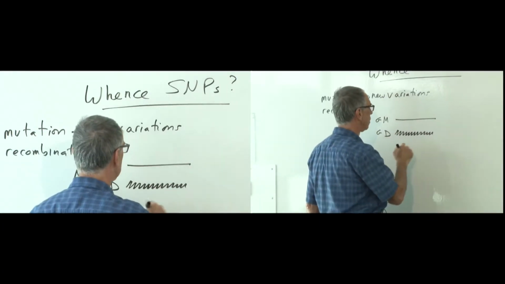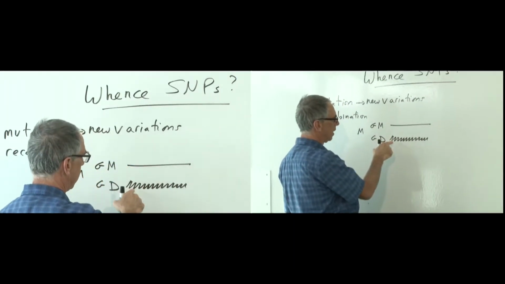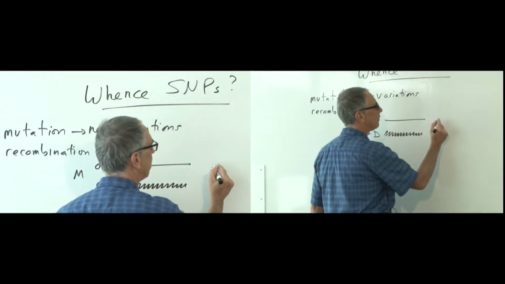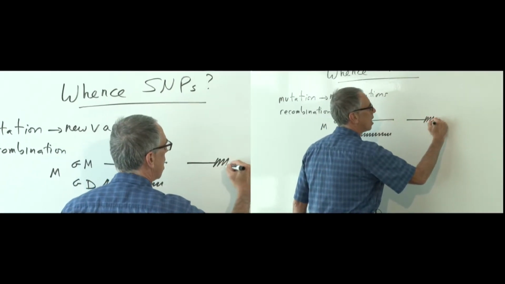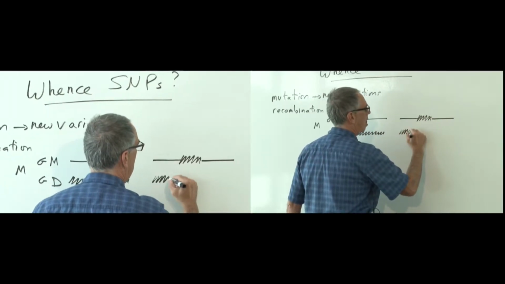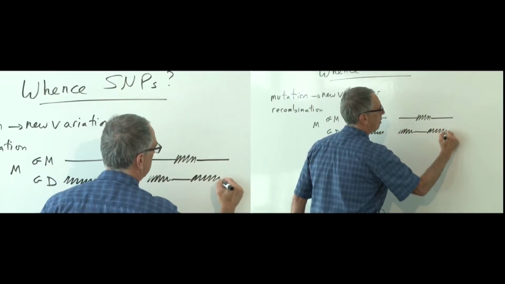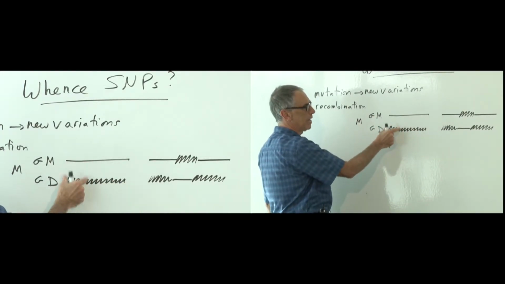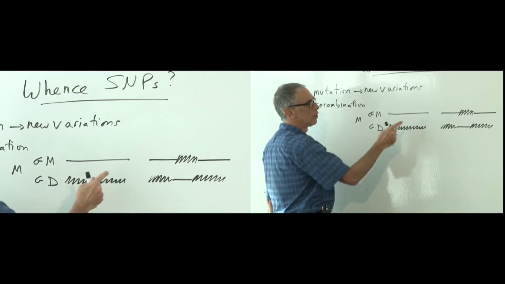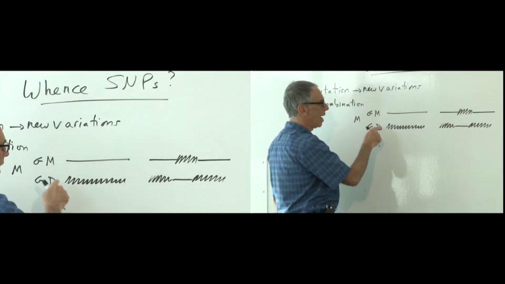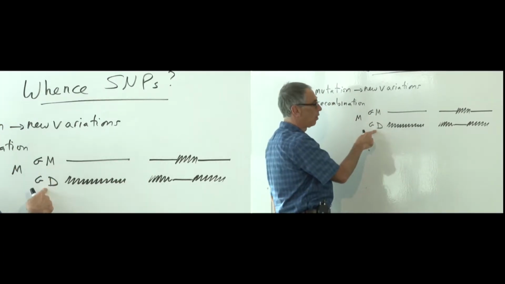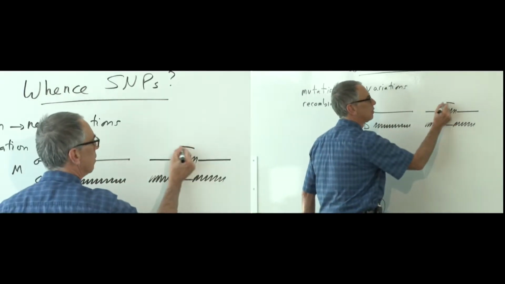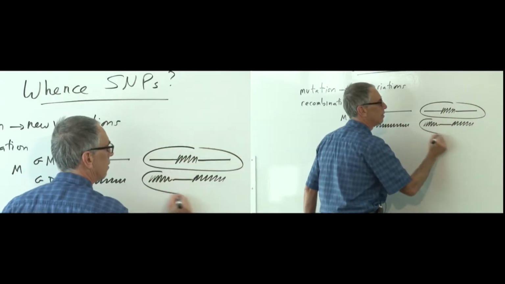For example, if this is what grandma gave mom, and this is what grandpa gave mom, what you might get is something like this. So this is the recombination event, which has literally recombined pieces of DNA to create two new chromosomes that were actually never present in grandma or grandpa, but are now present in mom's eggs. And so there's one egg, and there's another egg.